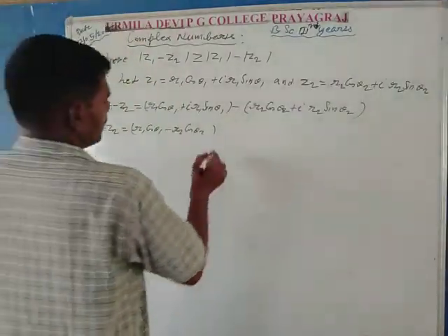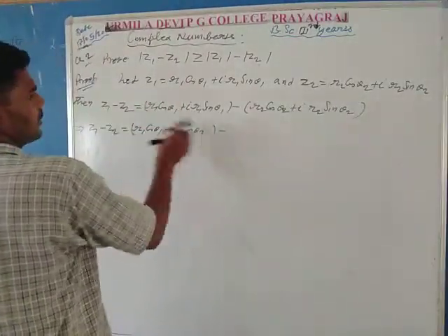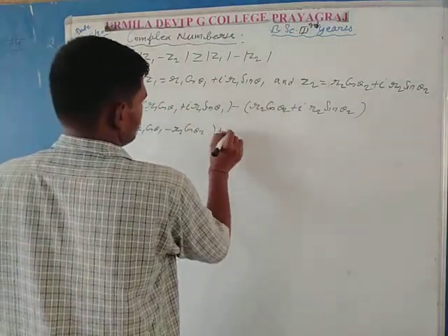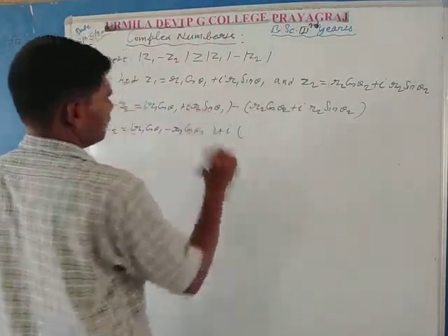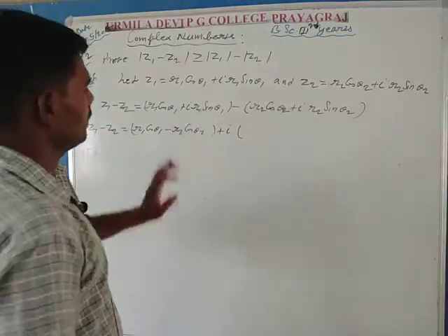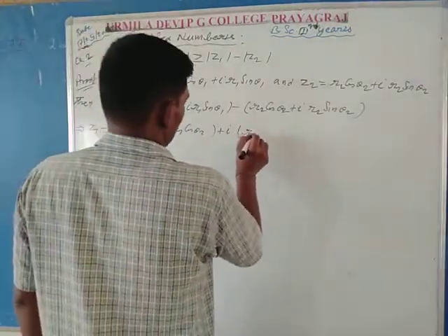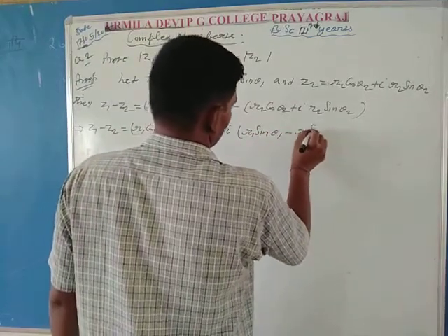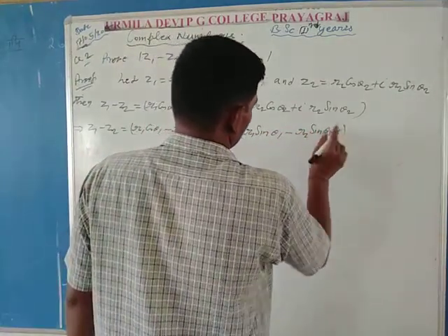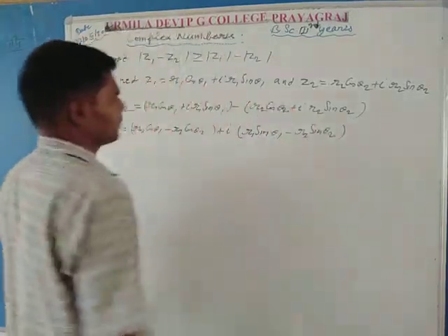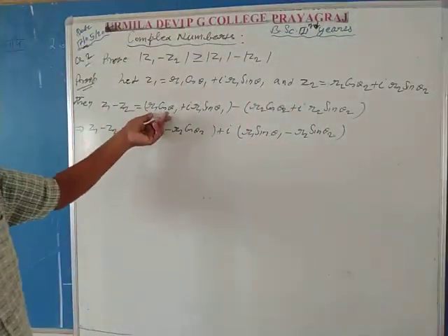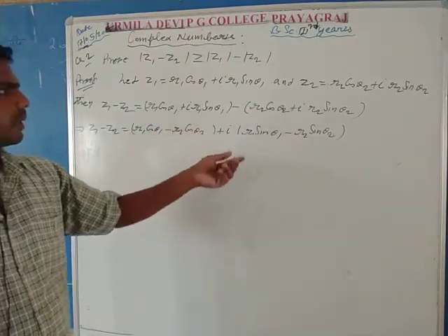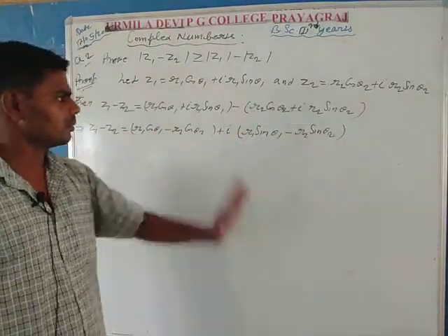So plus I, taken from the bracket, R1 sin theta 1 minus R2 sin theta 2.